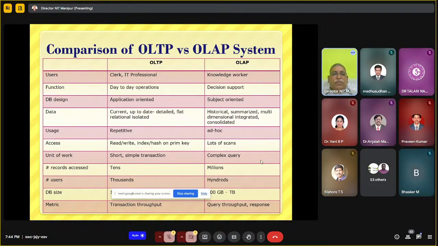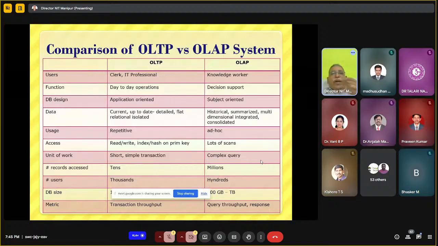Then from the access point of view, OLTP has read access and write access, with indexed scans on the primary key. Whereas here, access is always multiple scans. From the unit of work point of view, OLTP has short and simple transactions. Quickly you have to commit, quickly you have to revert the operations on your savings data.